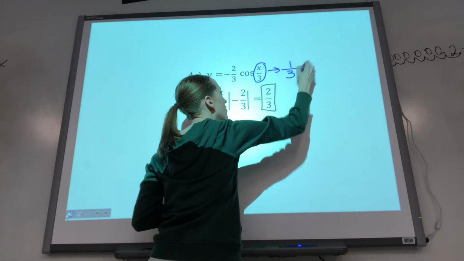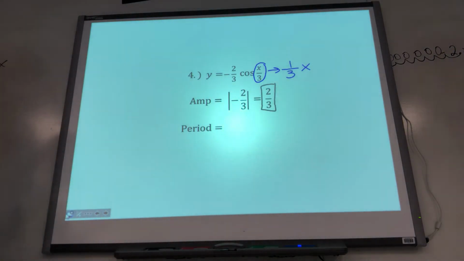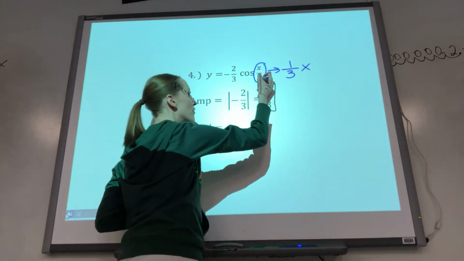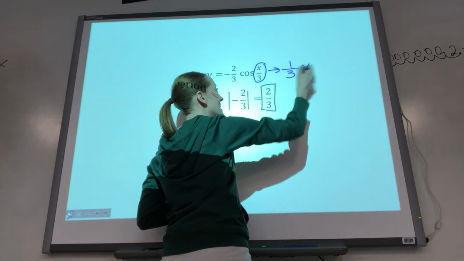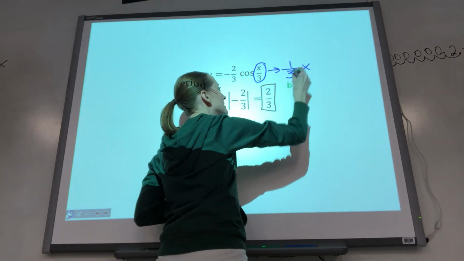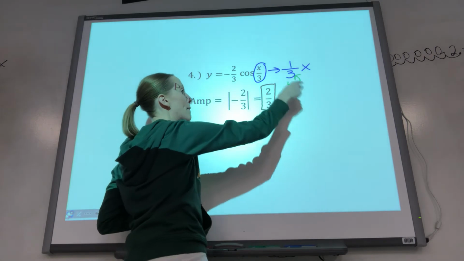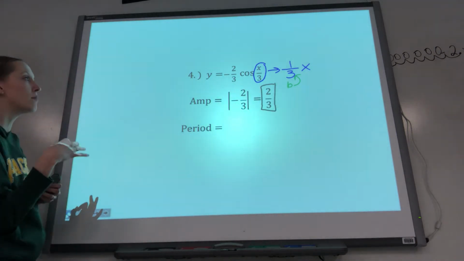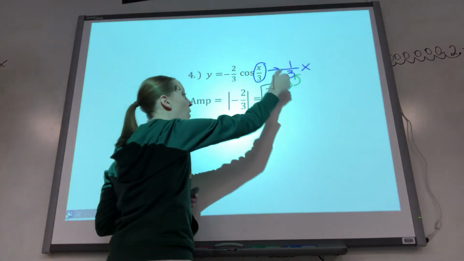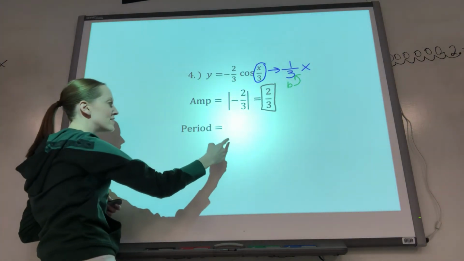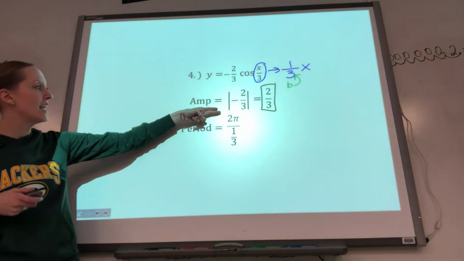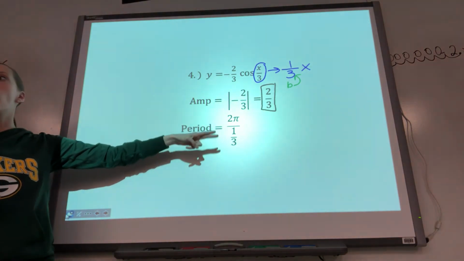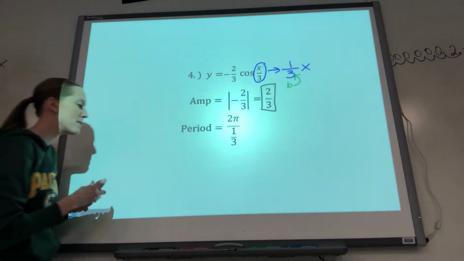You can rewrite that as 1/3 x. So what I'm trying to say is x over 3 is the same as 1/3 x, and I like to write it that way because now I can see what b is a little bit more clearly. B is 1/3. So this looks weird, but I'll have to take 2 pi divided by 1/3 to get my period.